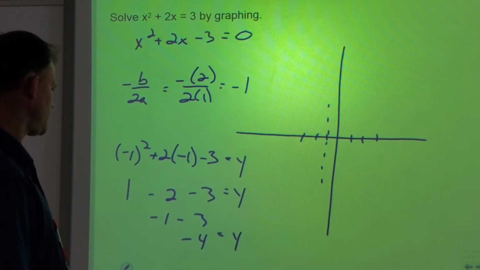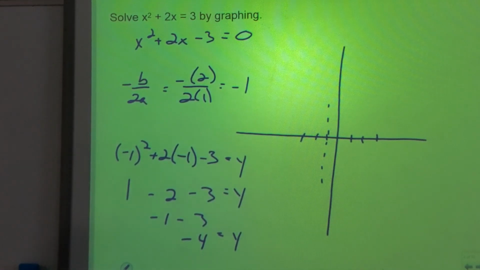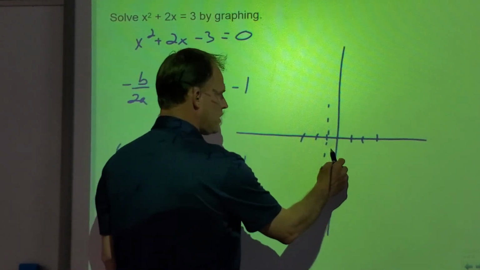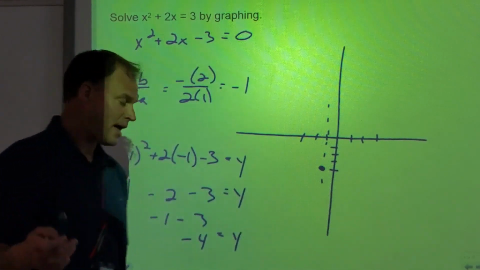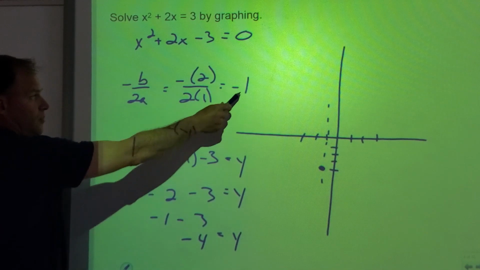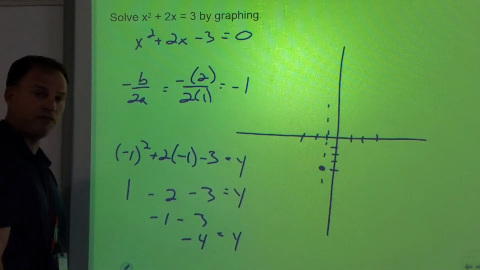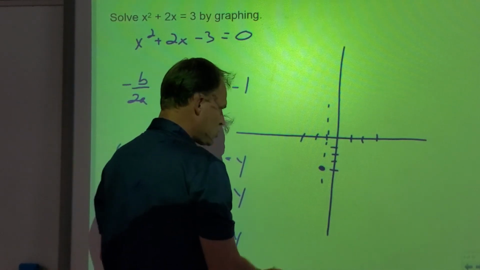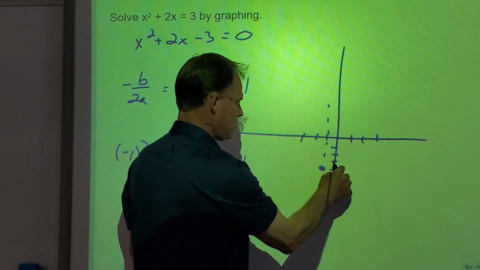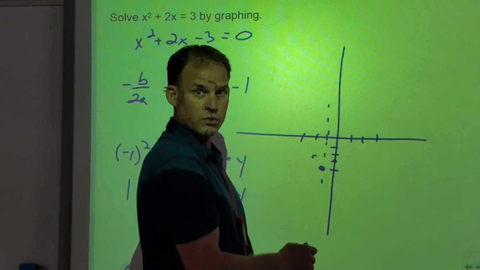So when I plugged in negative 1, I got negative 4. So the number I plugged in, and this becomes my vertex, and then I sketch the graph. I know there's no stretch, so I'm going to go 1, 1, and you thought we'd never used this before.